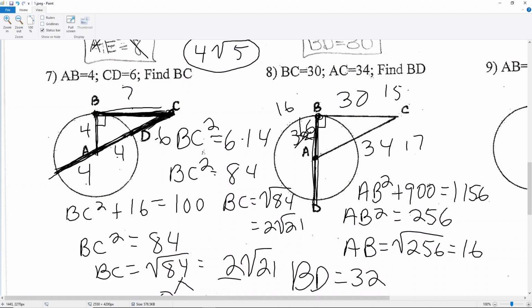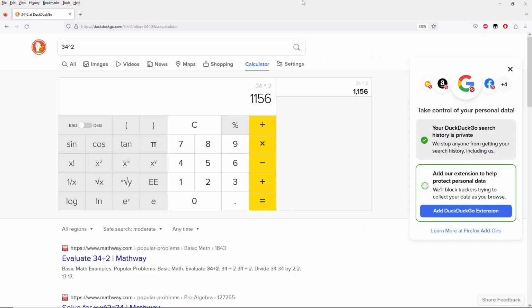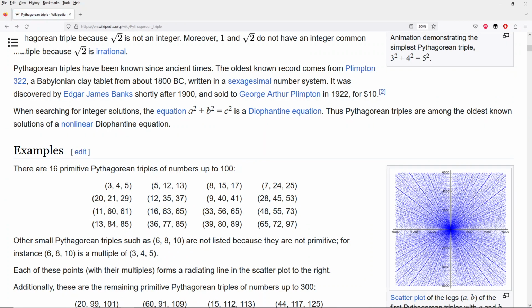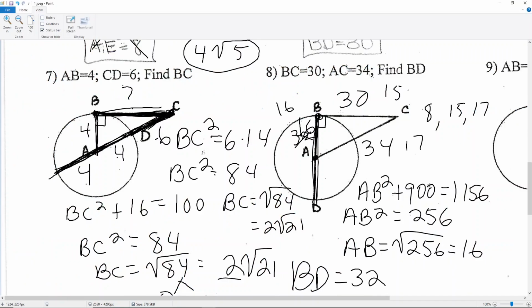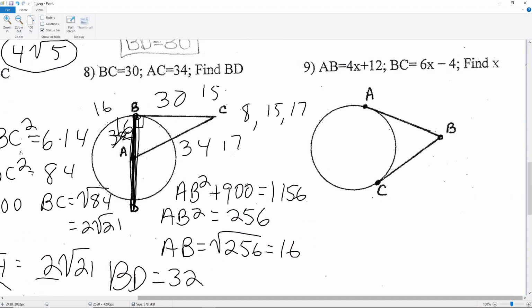Divided by 2, it's 8, 15, 17. Is that a Pythagorean triple? Yes, right here, 8, 15, 17. I was dividing the whole thing, BD, which is the diameter, but AB is only the radius. Anyway, the Pythagorean theorem gave you your answer, or if you memorize the Pythagorean triples, you get it very fast. Although if your teacher wants to see the work, maybe you could just write Pythagorean triple.